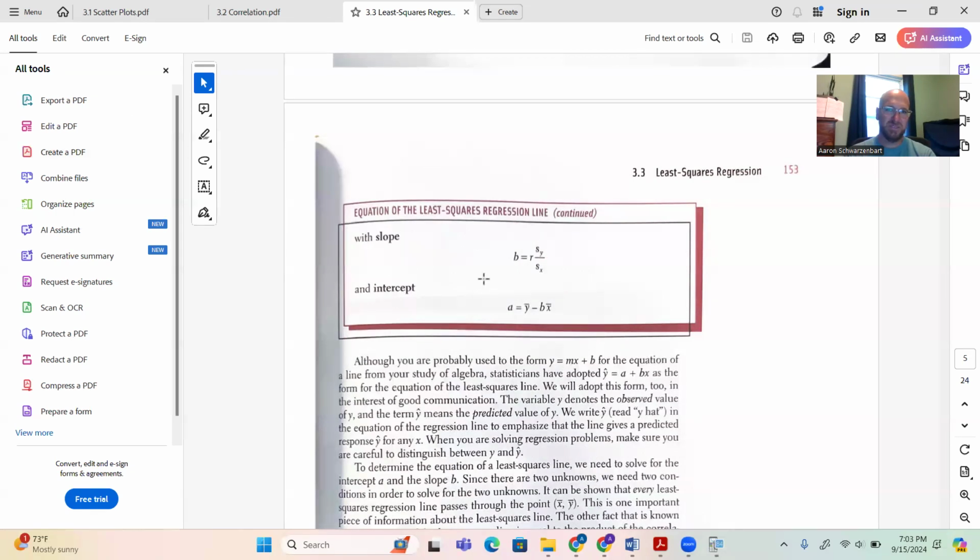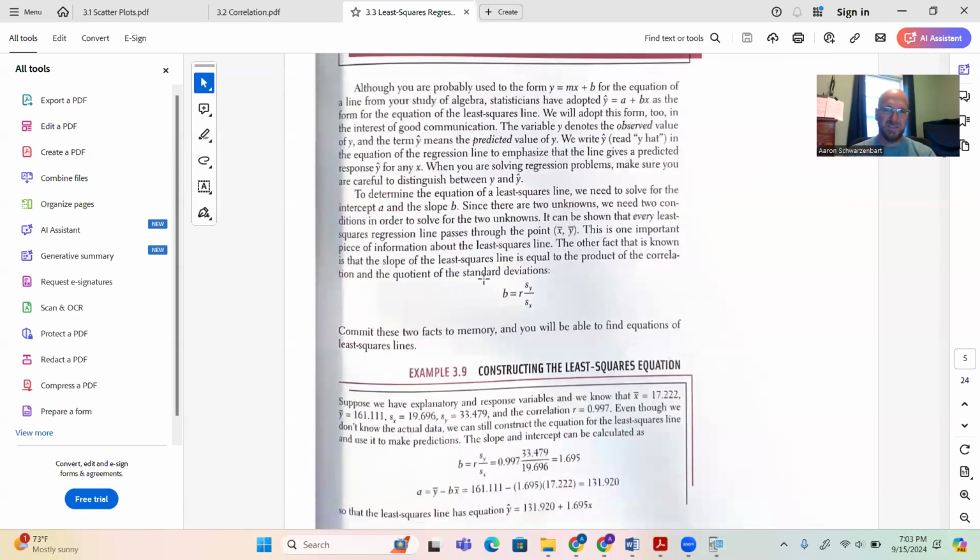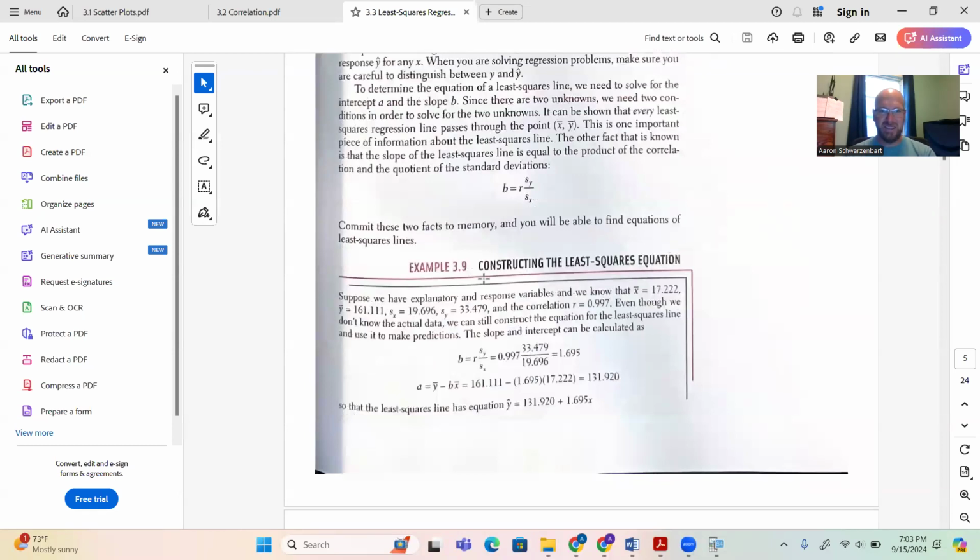So we're going to use those things. So suppose we have this. Notice it gave me all my data. I've got x bar, I've got y bar, I've got sx, I've got sy, and I've got r.